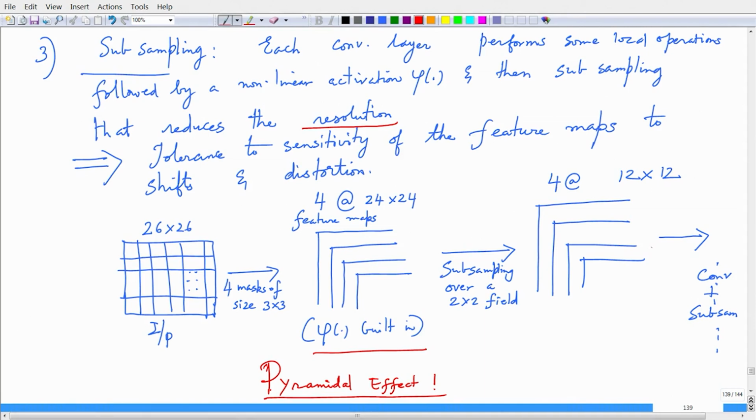and this goes on recursively sort of in a pyramidal fashion, leading to convolution followed by subsampling, convolution followed by subsampling, and so on. At this stage you may be wondering, how do I choose this mask? Am I going to have this fixed, or would I let this adapt?